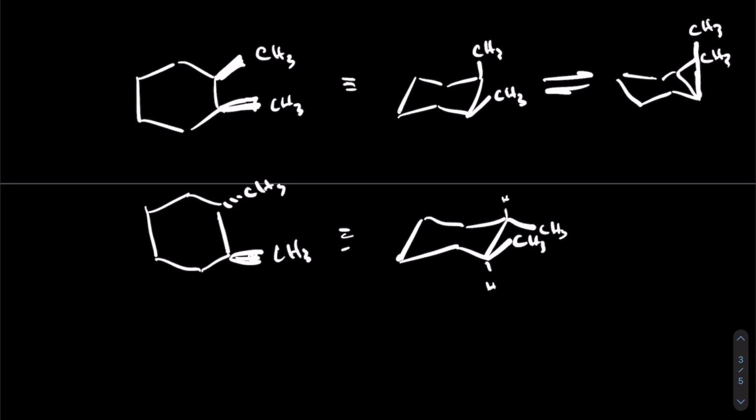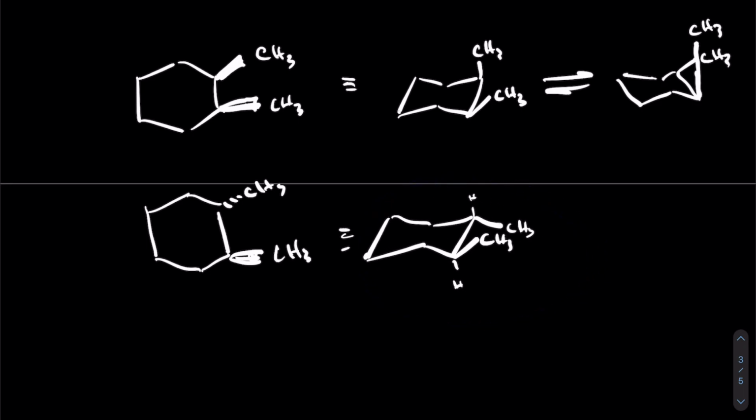The chair flip in this case is disfavored. So you've got a little arrow that points that way and a big arrow that points that way. Because remember, up here, no matter what you do, you always end up with something that's axial. Here, you have the benefit of making sure nothing is axial, so you never have any sort of this A13 strain, which again, if I remind you, is the interaction with this hydrogen being axial and this hydrogen being axial, and then these protons bonking into those things over there, right?